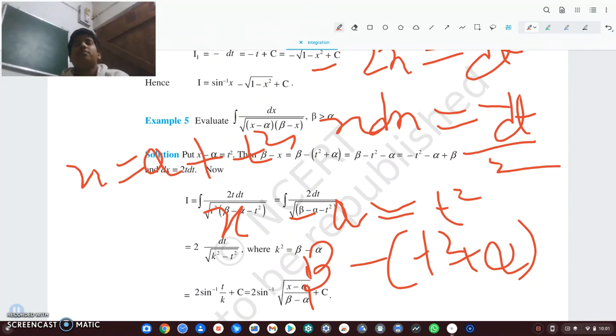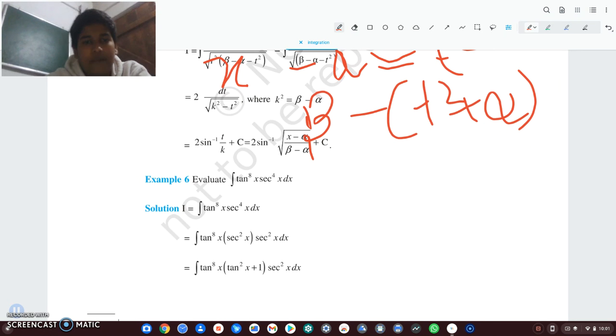This is a simple integration concept, and I told you how we can solve it. Now dt is done, so nothing is left; it is very easy. We can directly solve.